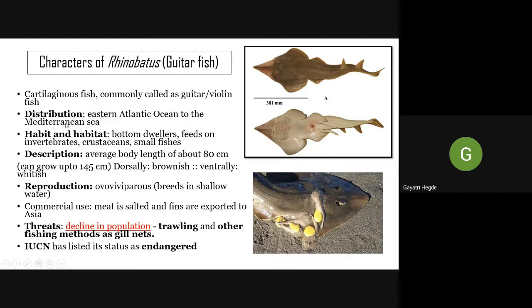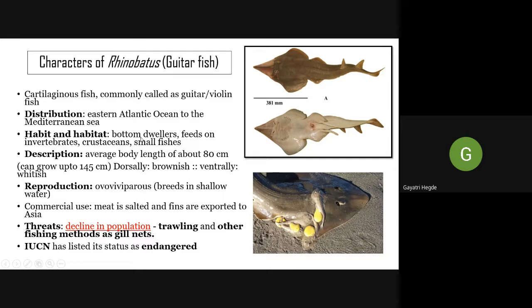Okay. Now coming to distribution, where we can find these fish. Okay, it is distributed in the East Atlantic Ocean and the Mediterranean Sea. Okay, it is not seen in the Indian Ocean. So distribution is Atlantic and Mediterranean Sea. Okay, now what is the habit and habitat of this fish? Now these fishes are bottom dwellers.